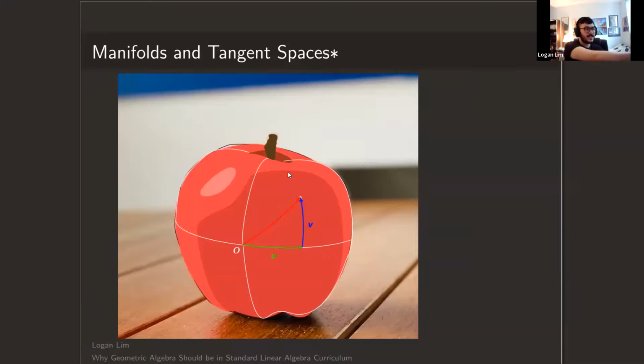If we extend those tangent vectors out with scalar multiples, we get something called the tangent space. In this case, it will be a 2-dimensional tangent space because it's a 2-dimensional surface. And in general, if you have an m-dimensional manifold, you have an m-dimensional tangent space, so same dimension. And using this, we could actually generalize a lot of the integral theorems in multivariable calculus.